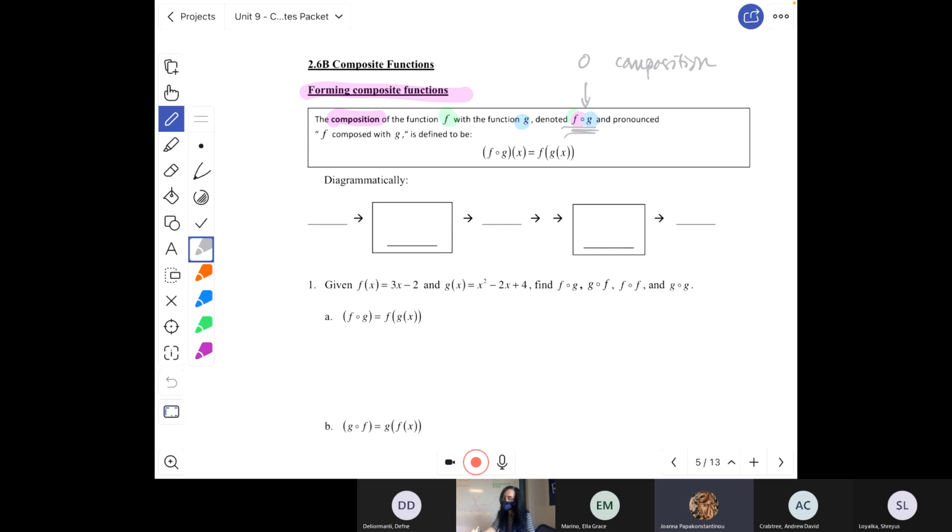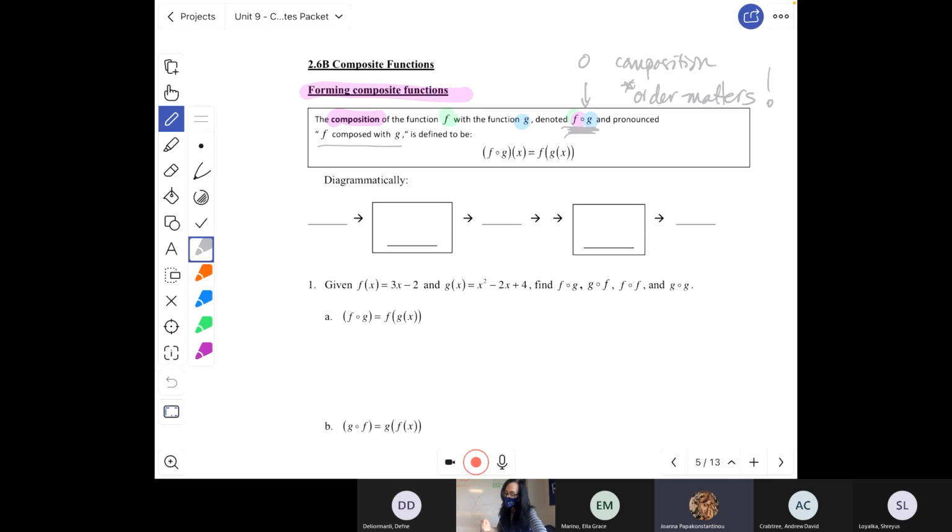So I would give you this notation and you would know that I am composing f with g. F composed with g. Order matters. F composed with g is not necessarily the same as, well, in only one instance, it's the same as g composed with f.